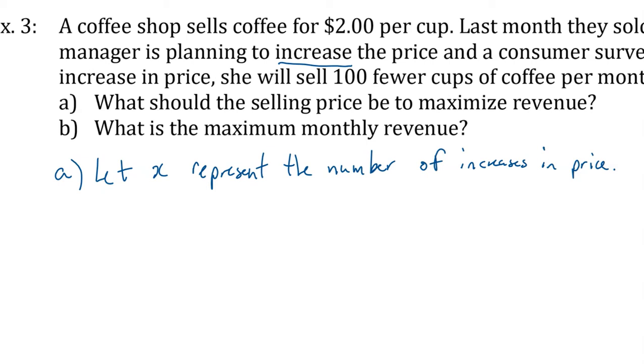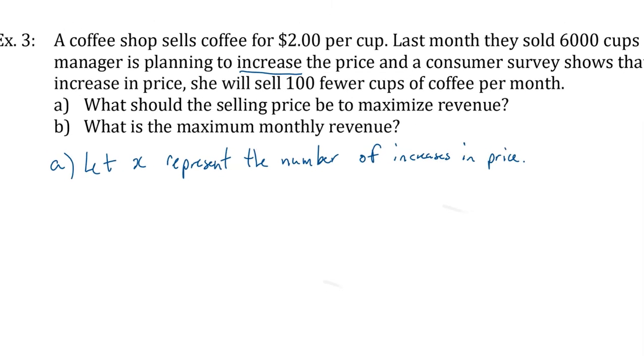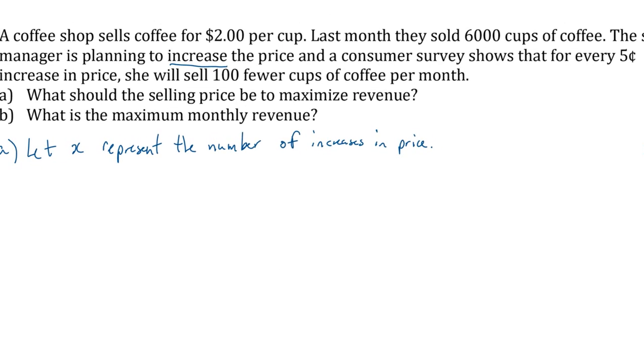What is revenue? Revenue is not profit. Profit is how much money you bring in minus how much you have to spend. Whatever's left over is how much you get to keep. That's what profit is. Revenue is different. Revenue is just what you bring in. Revenue equals the price times number of sales.